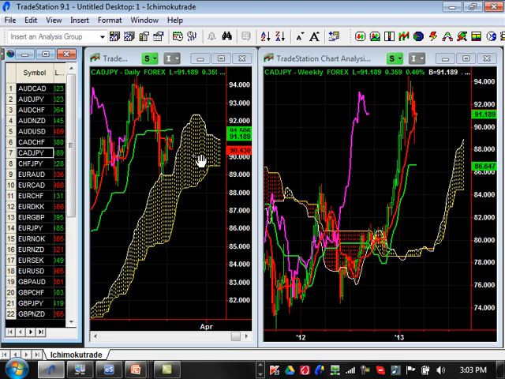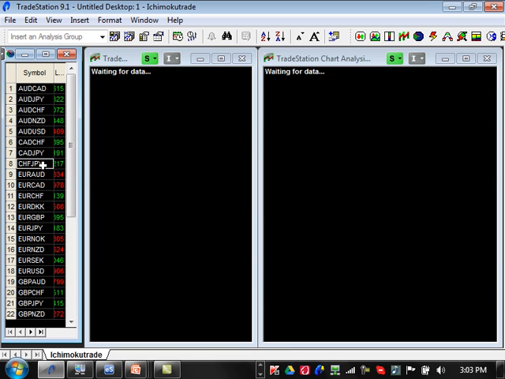If it doesn't do that and it breaks the support, minor support 90.43, then it'll definitely go back to 89. And if it breaks 89, it will have a possibility, believe it or not, to retest the lows, the next major support, which is 86.64. But this thing is very, very strong, so the chance of it holding 89 as a support is very high.